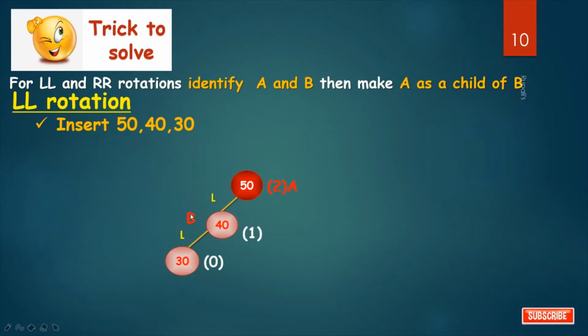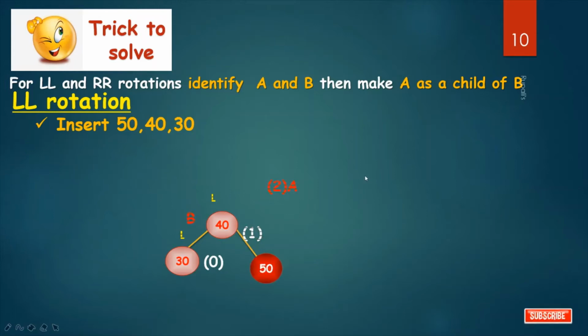I repeat, B is on that side where the new node is inserted. Our newly inserted node is here, so B is here. It is not the right child of A. Now, what you have to do? Make A a child of B. So just give one rotation, make A a child of B.